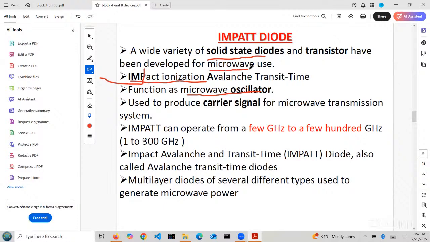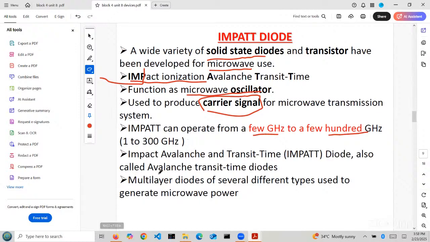It is used to produce carrier signals. Up to what frequency will it be used? From a few gigahertz to hundreds of gigahertz, for example from 1 gigahertz to 300 gigahertz. Up to this frequency it will be useful.